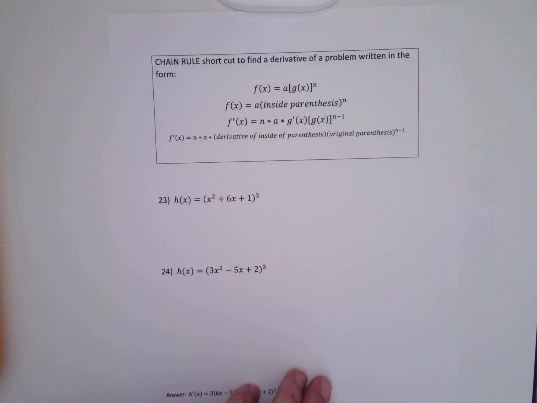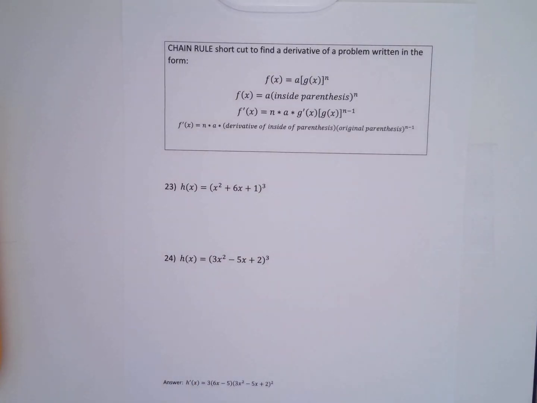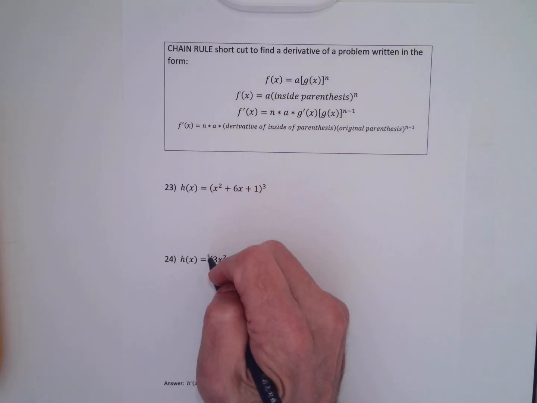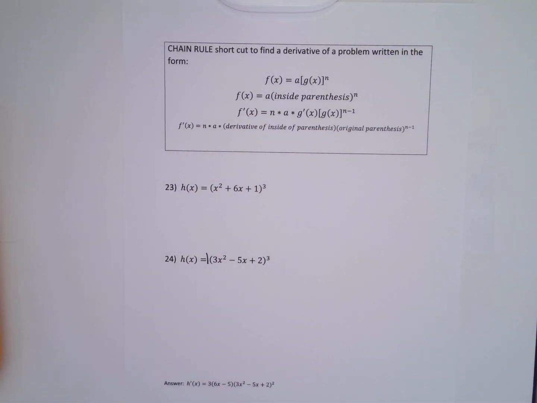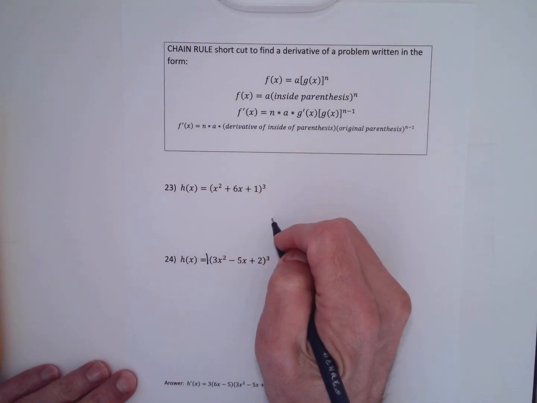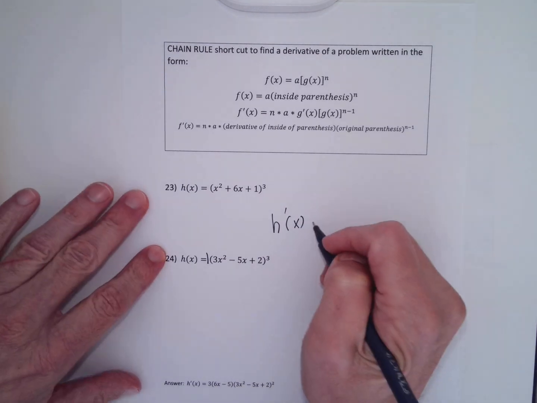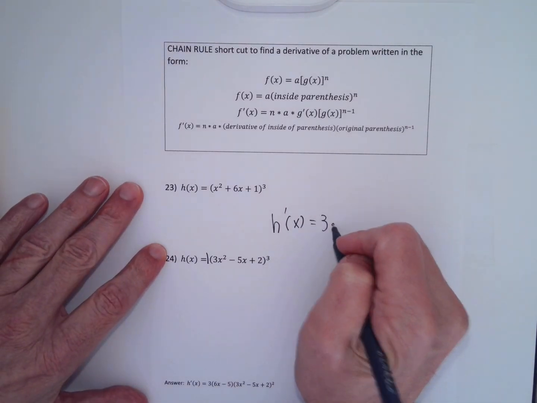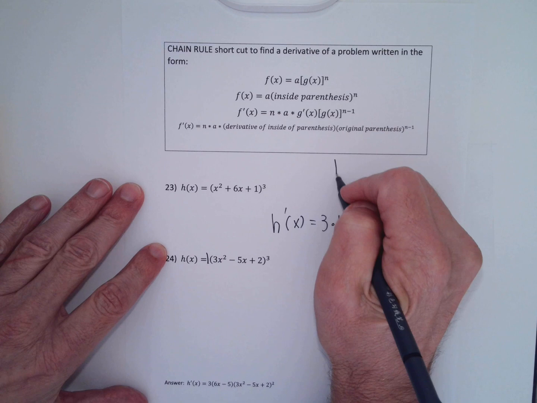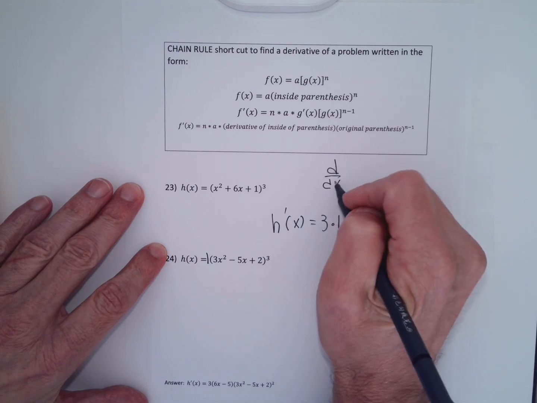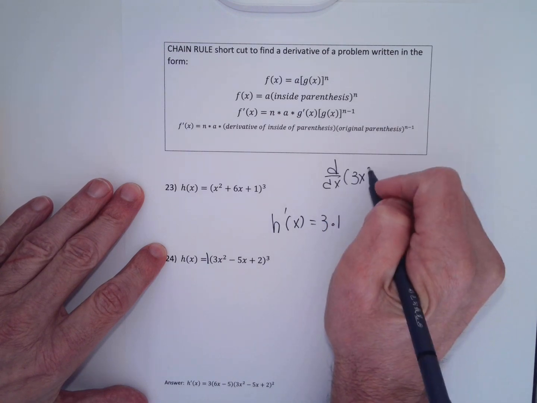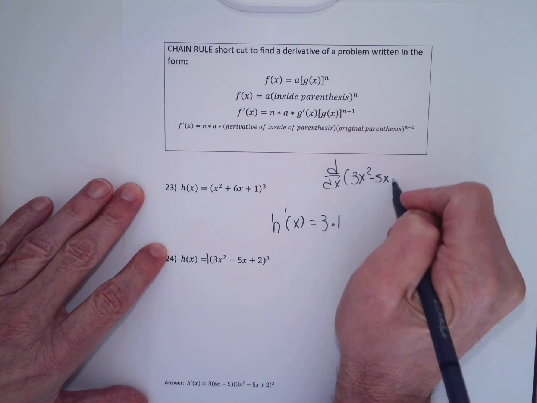In 24, I'm going to need parentheses when I insert the derivative because the derivative is going to be a binomial. So I'm going to sneak in that coefficient of 1 that's implied in 24 and use the chain rule. The derivative is the exponent 3 times the coefficient 1 times the derivative of 3x squared minus 5x plus 1.